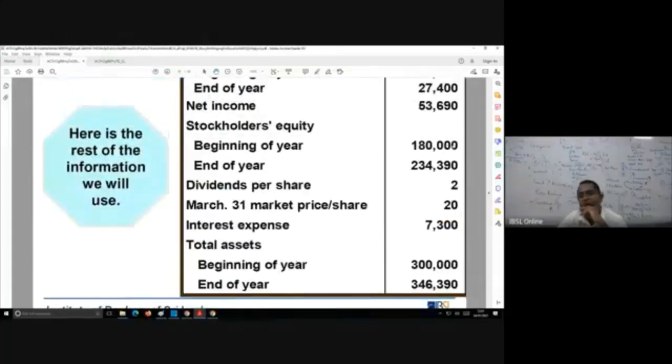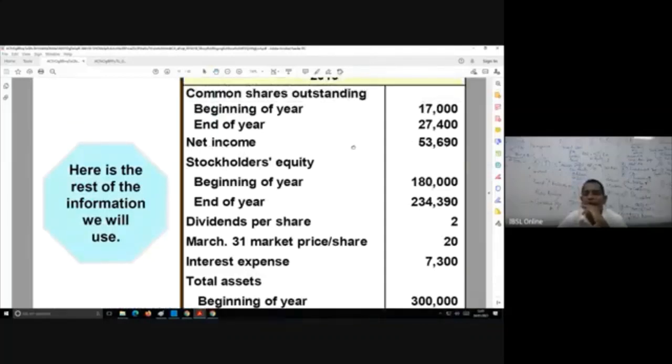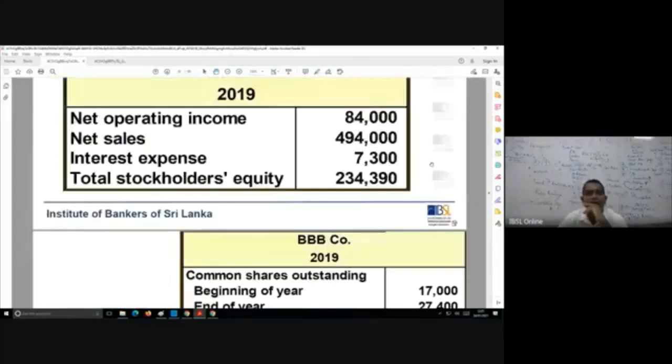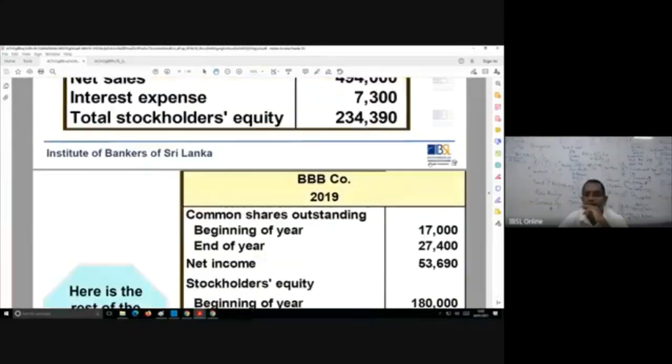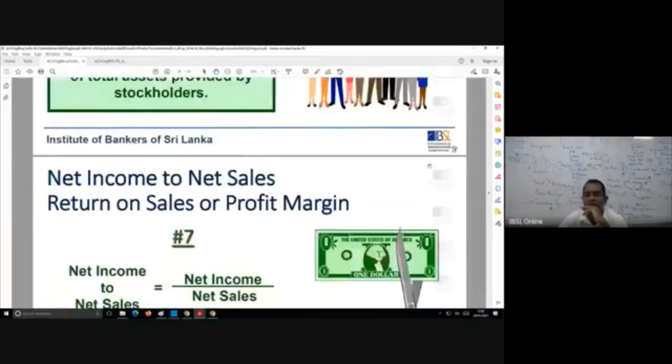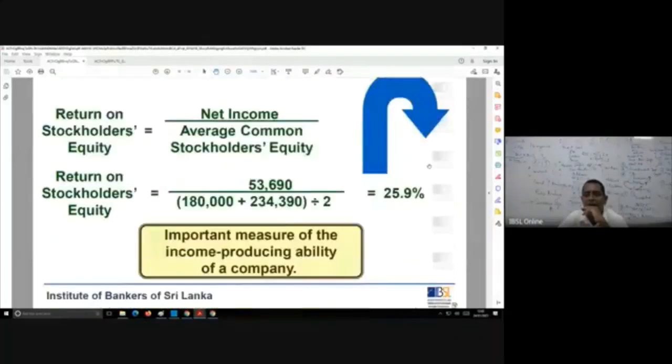Stockholders' equity, beginning it was 180,000. End of the year it is 234. Net income is 53. So ROE is 53 divided by beginning equity position plus closing equity position divided by 2.